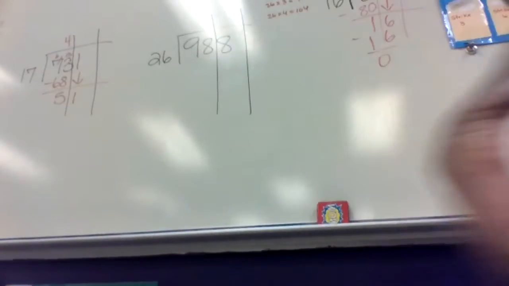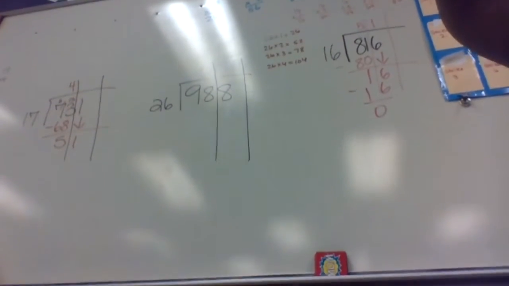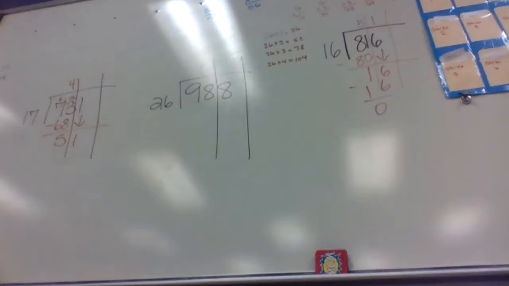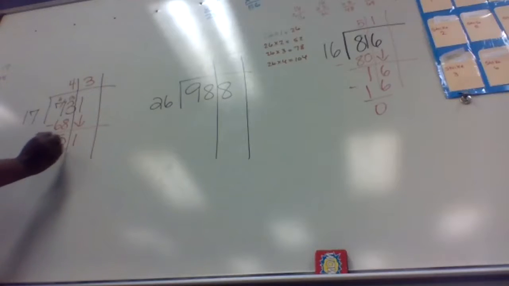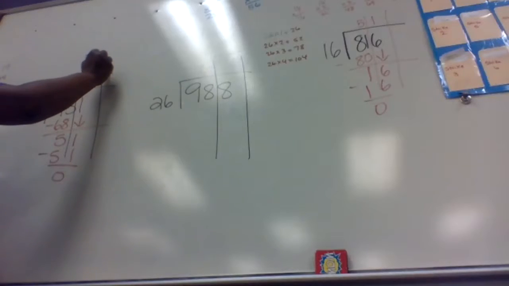You're moving it down. Now, 17 goes into 51 three times. So this means 43 student tickets.